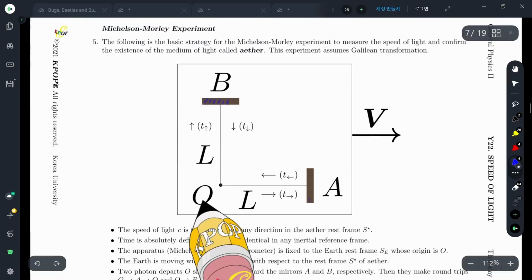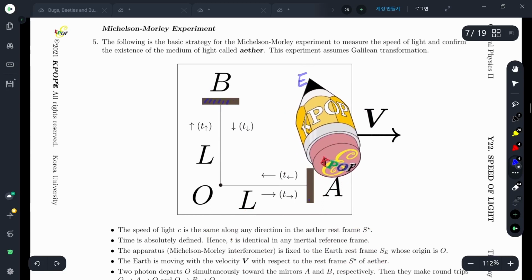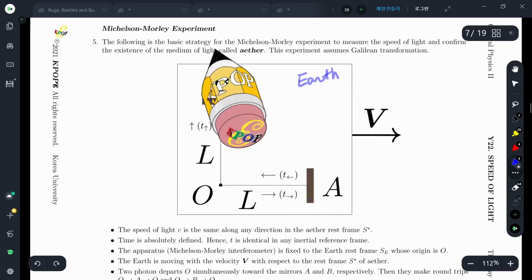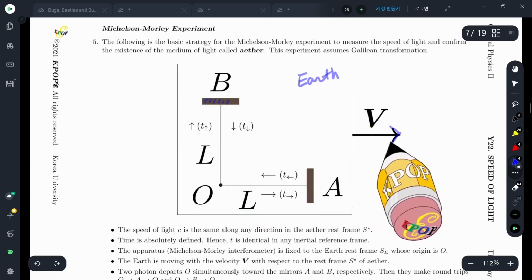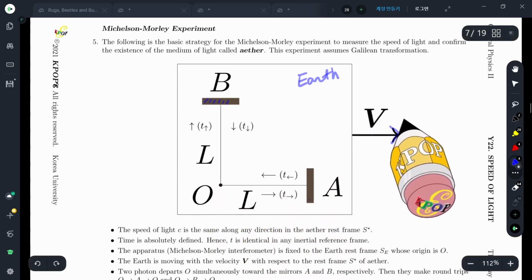The three points O, E, A are fixed on Earth. And Earth is moving. We assume that the Earth is moving with a constant velocity for a very short time, and the velocity is very small in comparison with the speed of light.